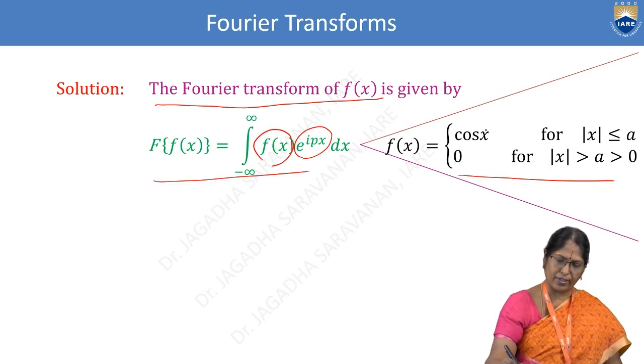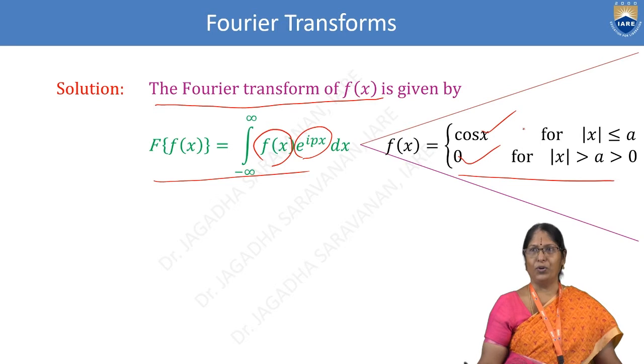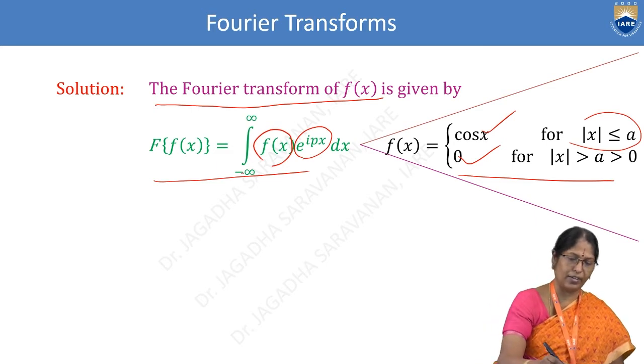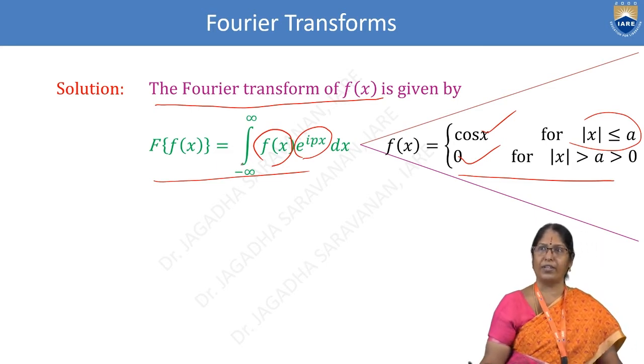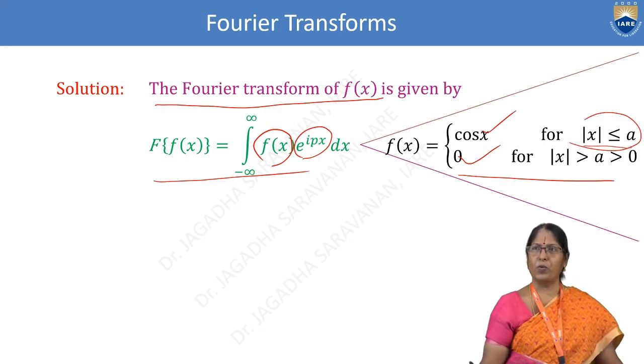Now our f of x is cos x, and f of x is 0, two cases are given, satisfying these conditions. But ours is the integral from minus infinity to infinity. Then what is the meaning of mod x less than or equal to a?